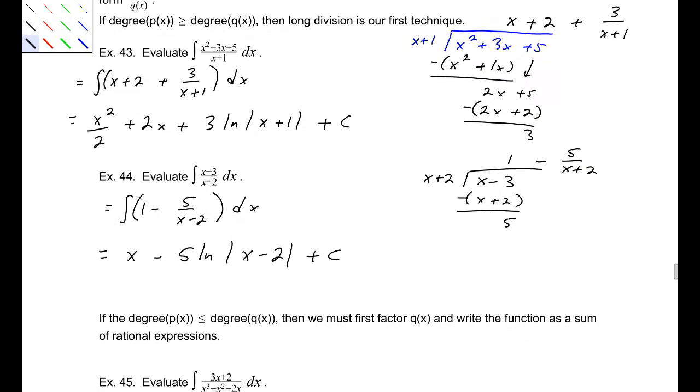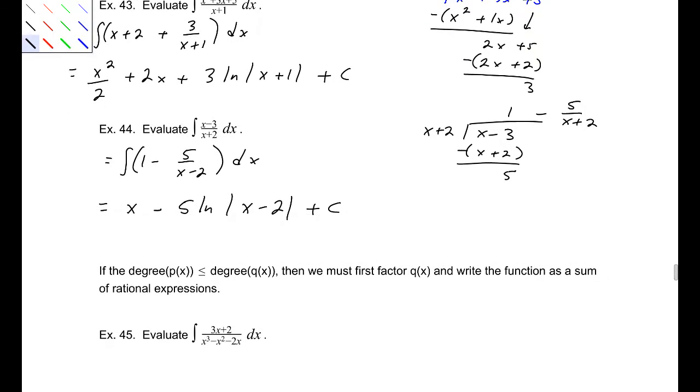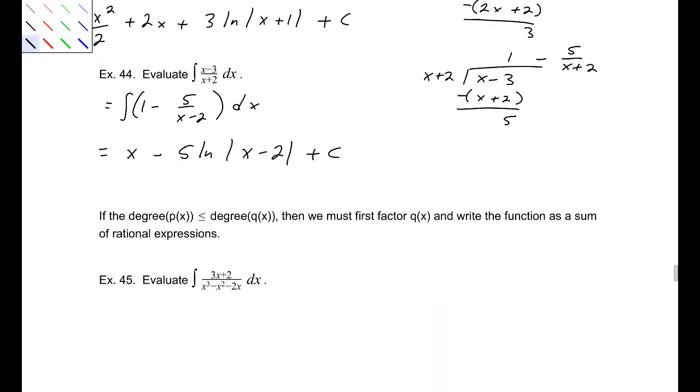Now, if the degree of the numerator is less than the degree of the denominator, then we might factor some things and write them as a sum of expressions. This is where the method of partial fraction decomposition, and why it's called that, comes in. So first, I'm going to factor this. It's going to be 3x plus 2 in the numerator. That will be x times x squared minus x minus 2.